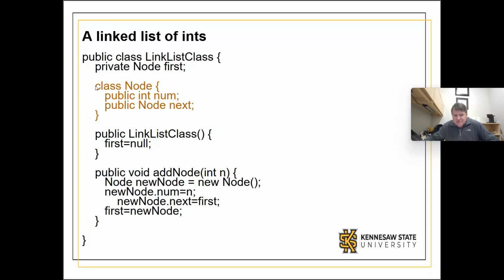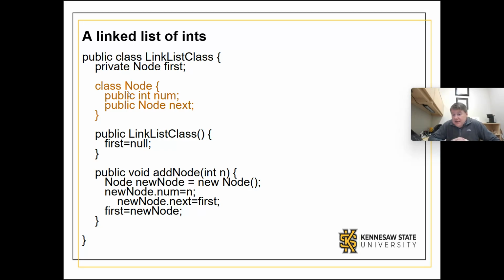So the first thing that I have to do is I have to declare that node class. Now, this is a weird syntax that you've probably never seen before. Inside of a class, it's actually possible to declare another class. What? Okay, so if you do that, the inner class, the one that I have highlighted in that orangey brownie color, whatever that is, gold. Let's call it gold.